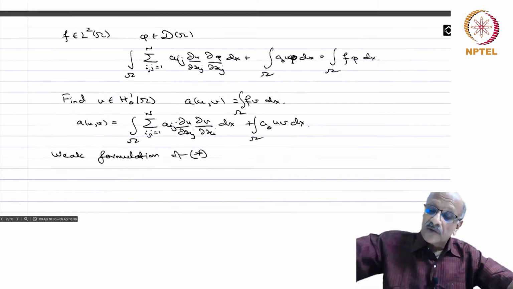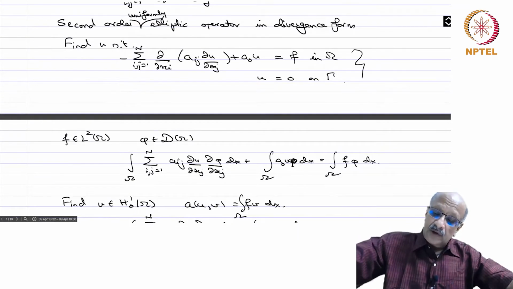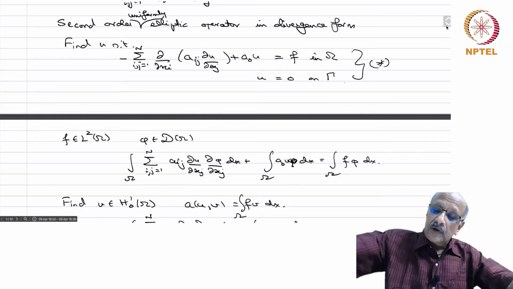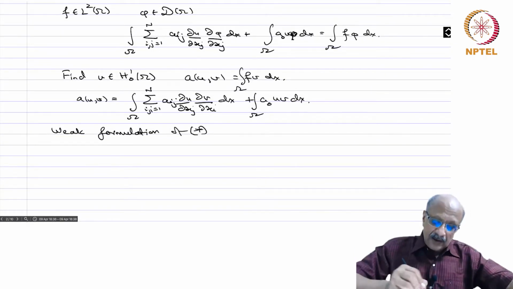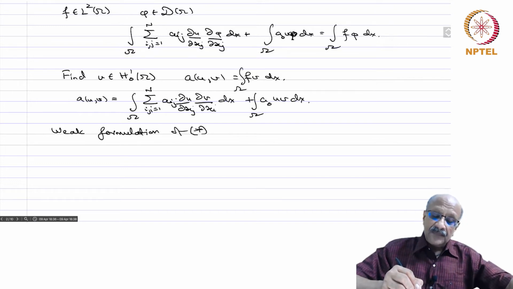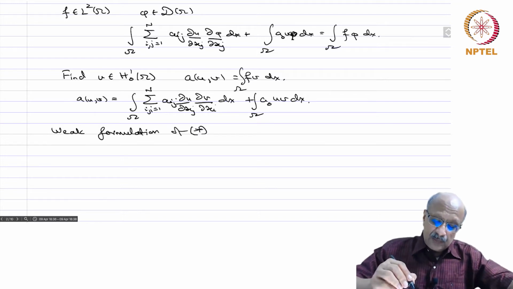So star is the differential equation here together with the boundary condition. Okay, so again one can check that if you have a weak formulation, then it satisfies the differential equation in the sense of distributions, and of course the boundary condition is satisfied because we have put it in the space itself.